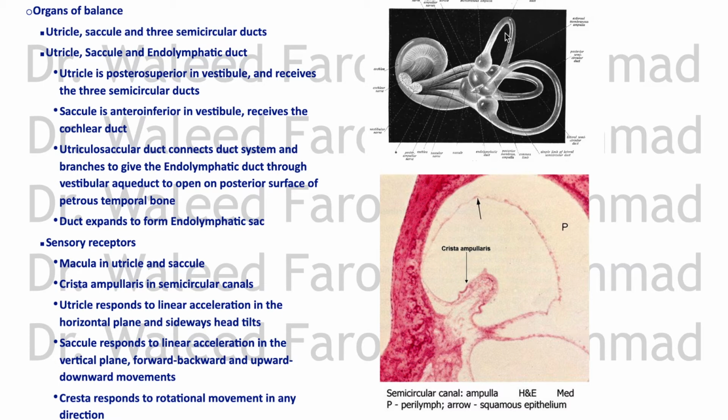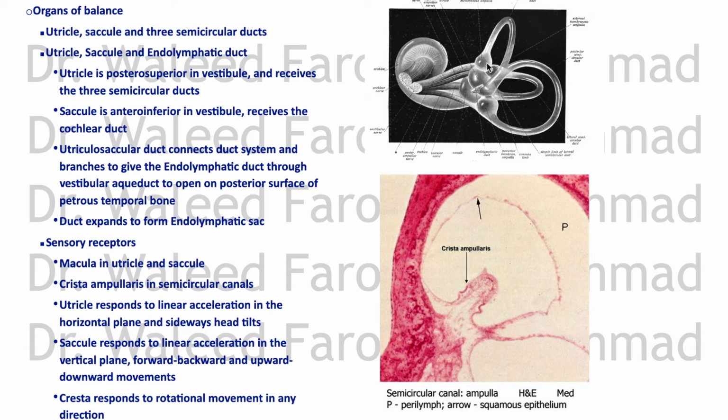And the receptors in the semicircular ducts are for kinetic equilibrium. Kinetic equilibrium means equilibrium during movement, linear acceleration during movements in different directions.